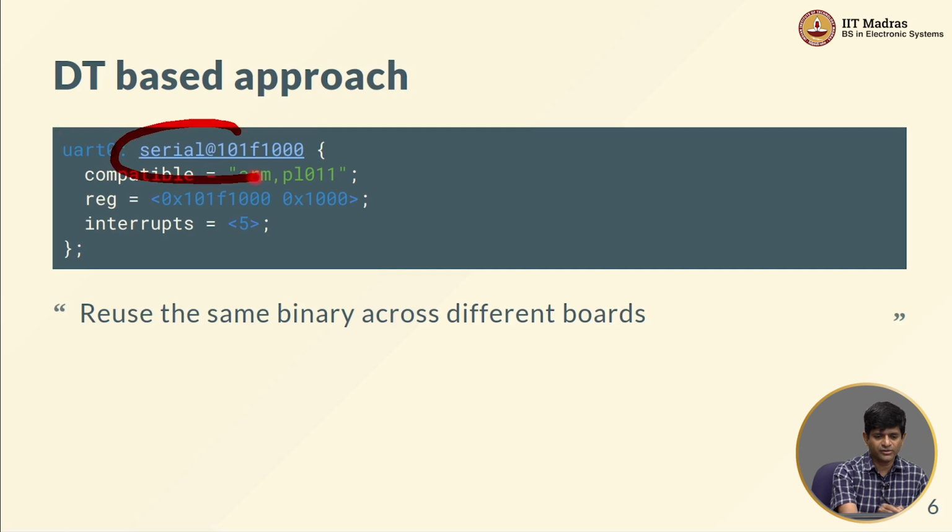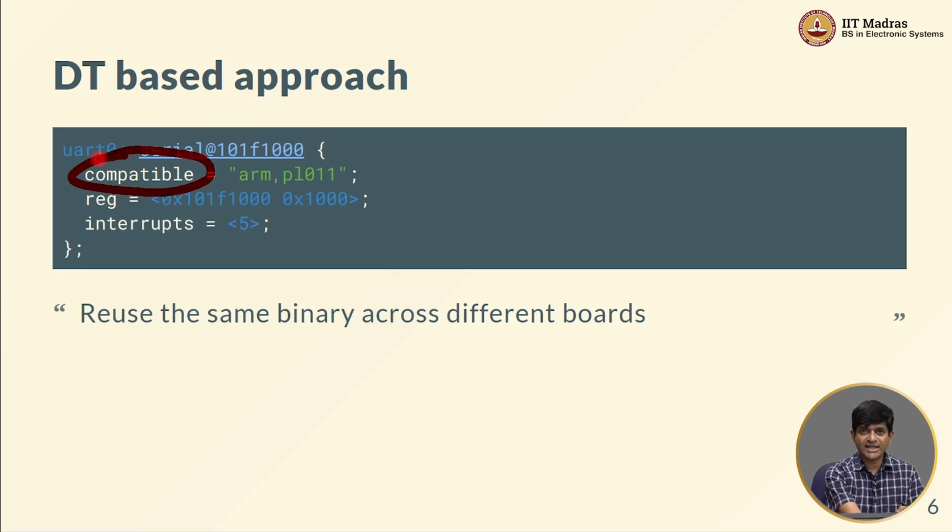What is important is, for example, this word out here which says compatible, which says that it is compatible with ARM and the PL011 UART, which actually tells you that potentially you could have multiple different kinds of drivers that are available, and the system can pick which driver is going to be used in order to actually activate this particular device. This compatible is just given as a string.